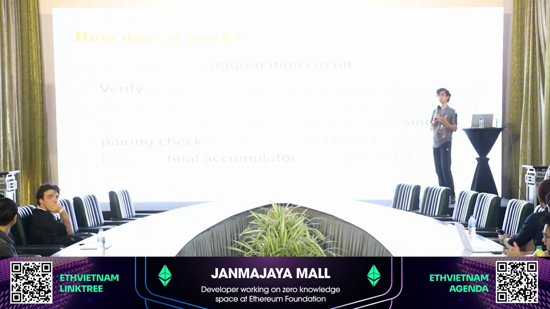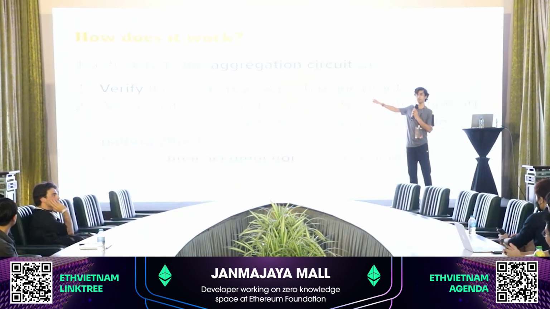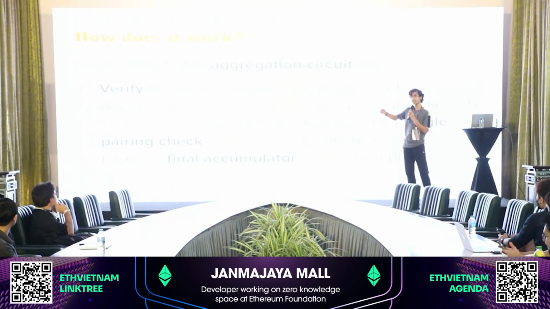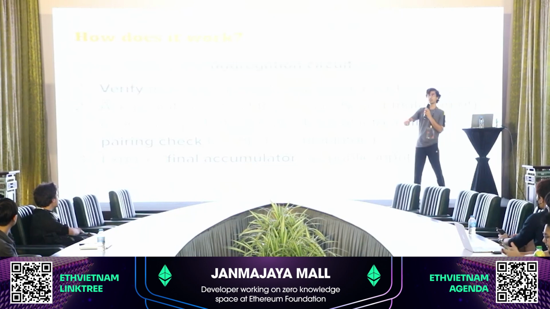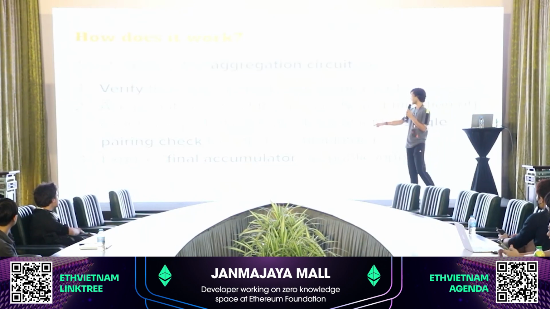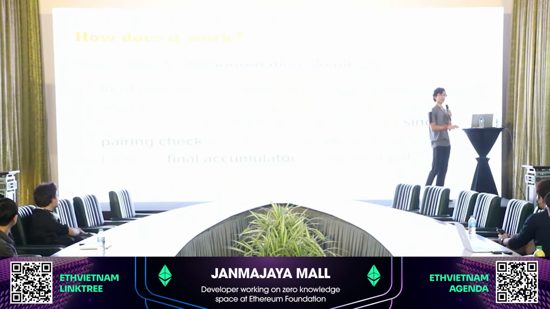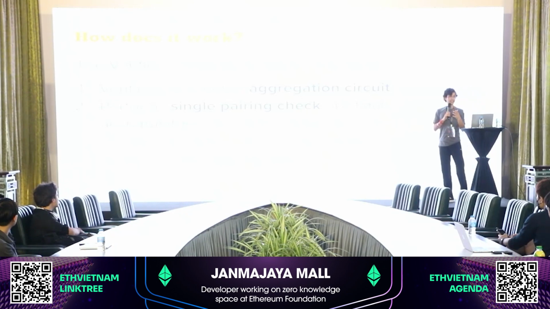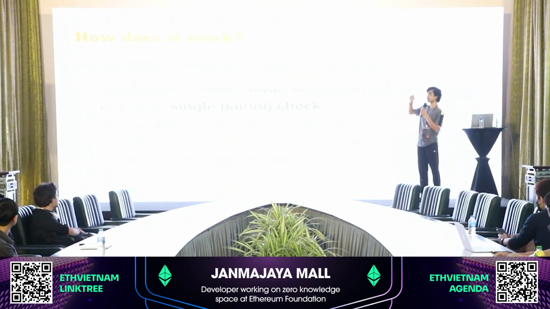So in the aggregation circuit, the trick is that you verify the cheap part within the circuit and accumulate within the circuit the expensive part, that is the values for the pairing check, into a final accumulator. Then you expose the final accumulator as the public input to the proof of the aggregation circuit. Now the verifier will verify the proof of the aggregation circuit.